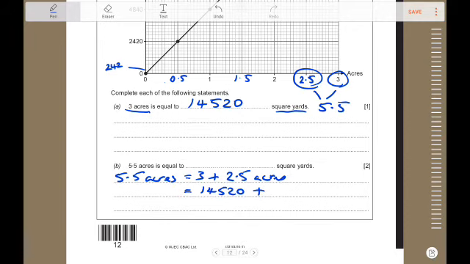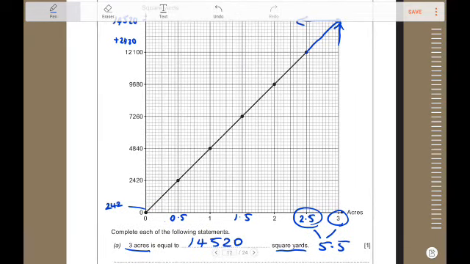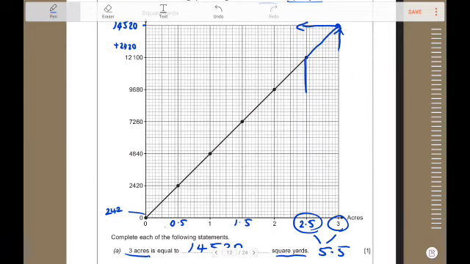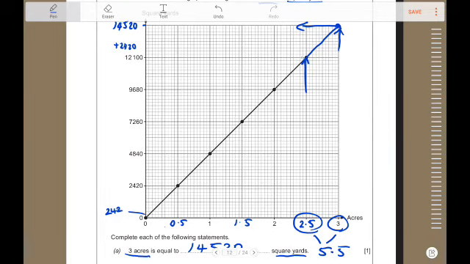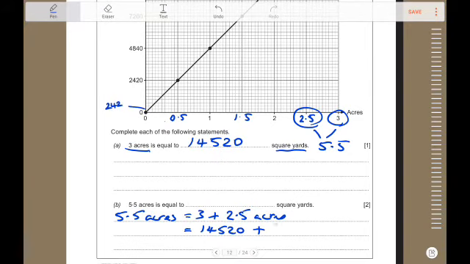Well, if we go up our line here to there, and then when we hit the graph we go across, we can see clearly it's 12,100. So 2.5 acres is 12,100, and then when we add those two together we get 26,620.